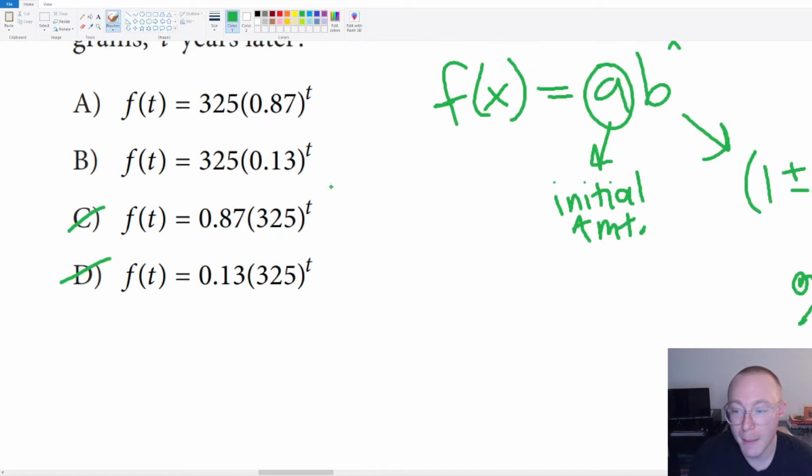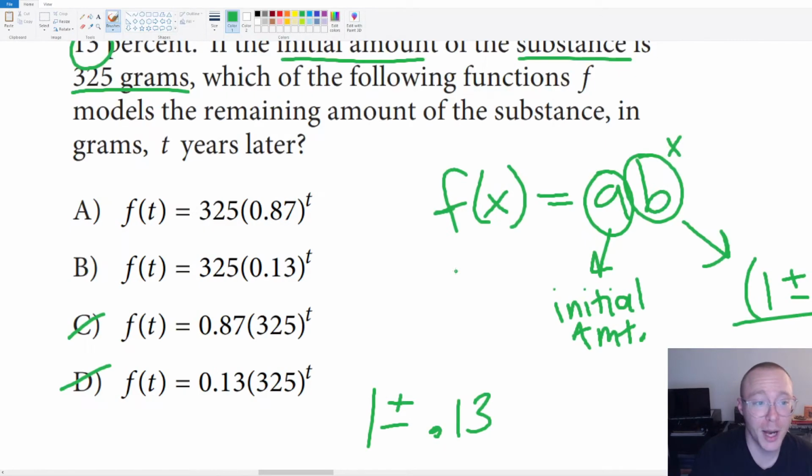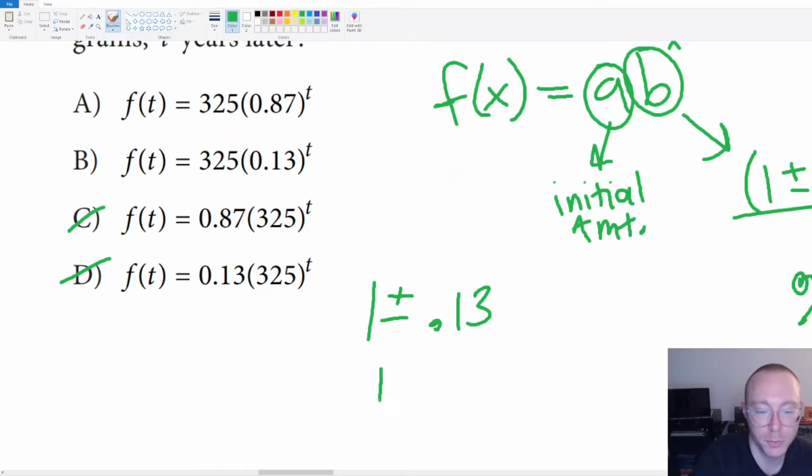If we know that B, the thing that the initial amount is multiplying by, is going to be 1 plus or minus r, we simply say to ourselves, okay, well 1 plus or minus 13%, which is 0.13. And the way we choose plus or minus is based on if it's growth or decay. Remember, it says that this is decaying, and so we're looking for a number that will just be 1 minus 0.13.